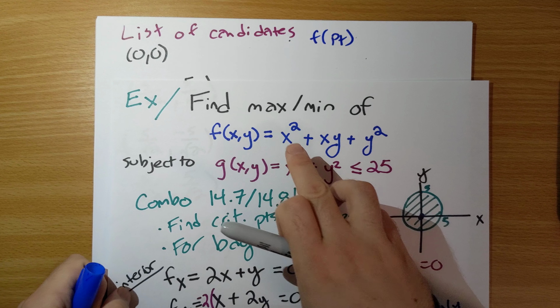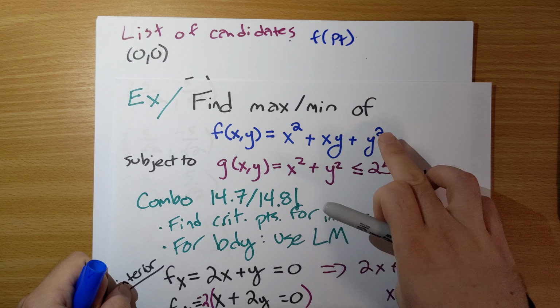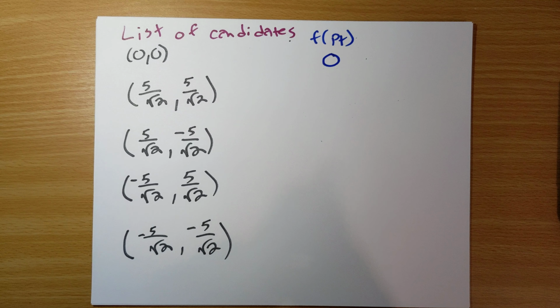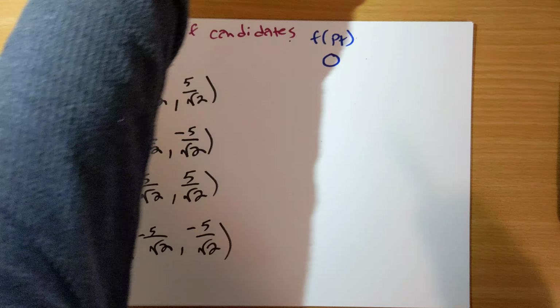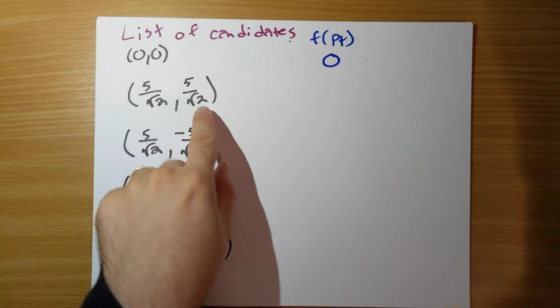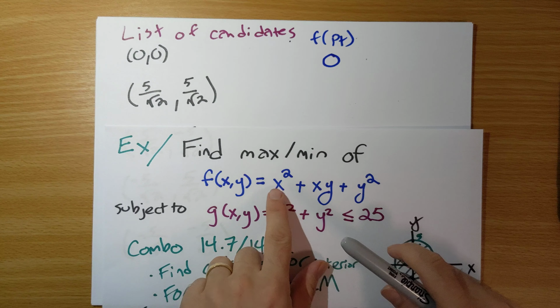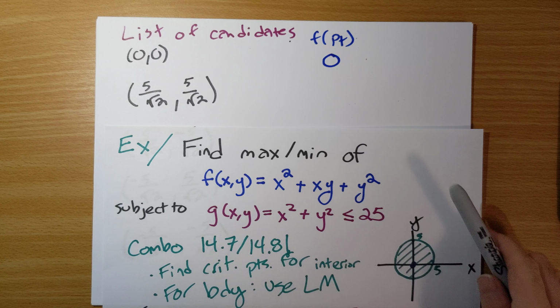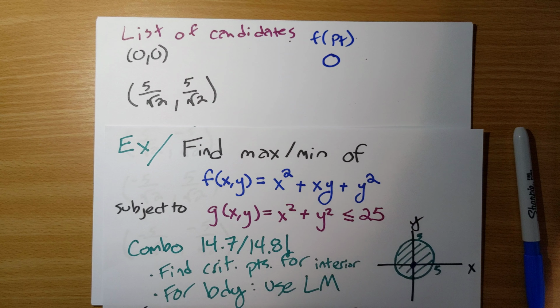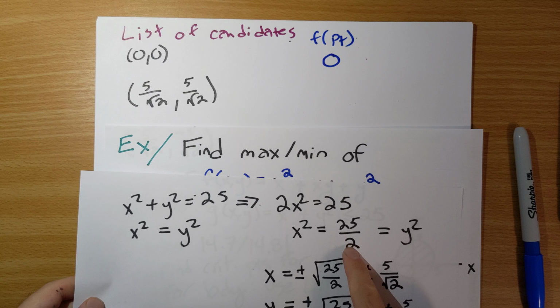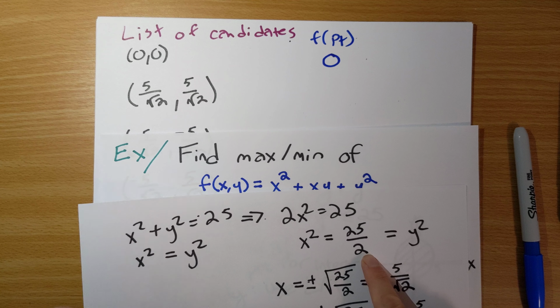So when we plop in 0, 0, 0 squared plus 0 times 0 plus 0 squared gives us 0. When we insert 5 over square root 2 and 5 over square root 2, well, anytime we see this x squared plus y squared, we know that x squared and y squared are both 25 over 2.